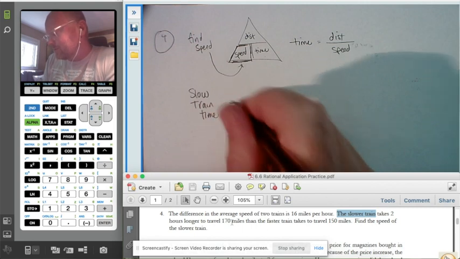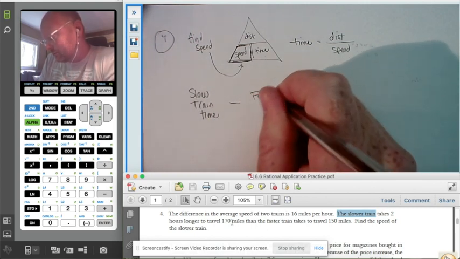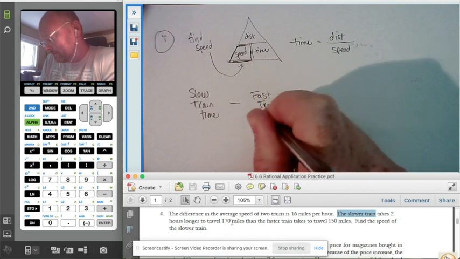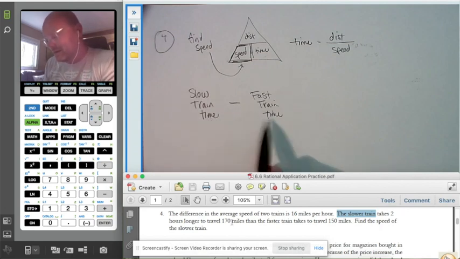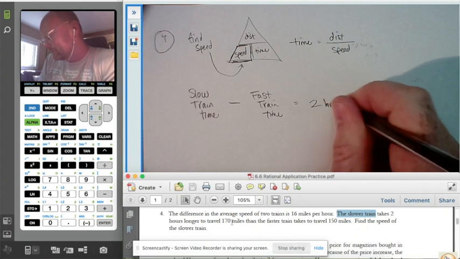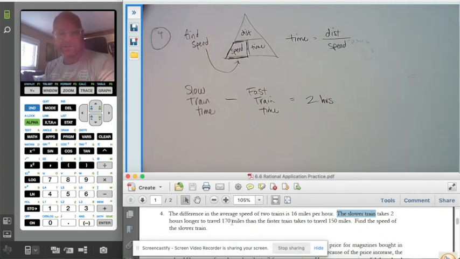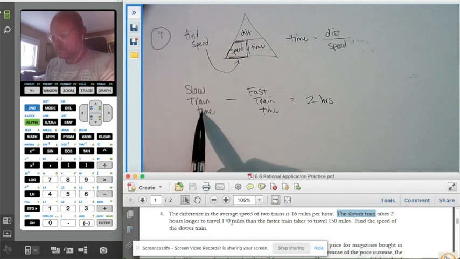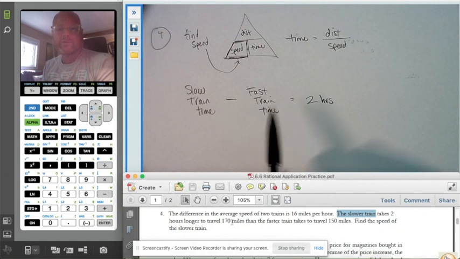So the difference between the slow train time and the fast train time, the time it takes to go 150 or 170 miles, is going to equal, they say, 2 hours. The slower train takes 2 hours longer than the time it takes the fast train to go.